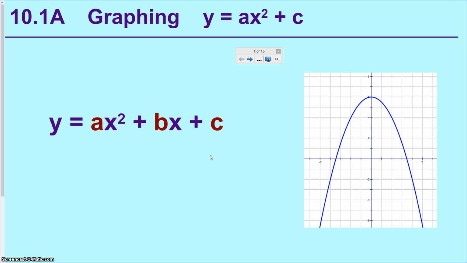Now, sitting in front of me is a quadratic equation, and it's the general form, and it's showing the most complexity that it can. It's showing all three terms. We've got an ax squared term plus a bx term plus a c term. And you'll notice that I've highlighted the coefficients in a different color.